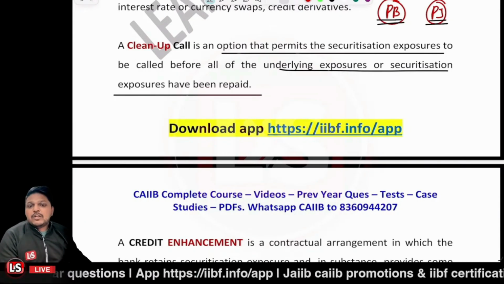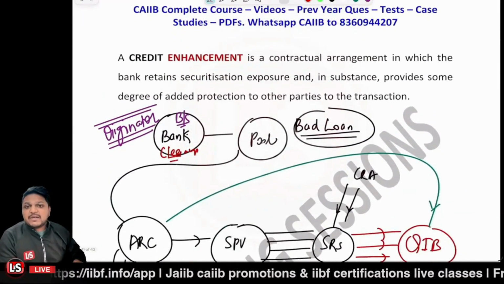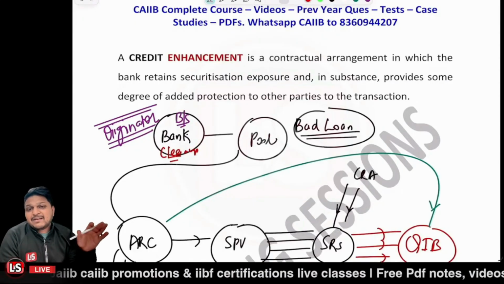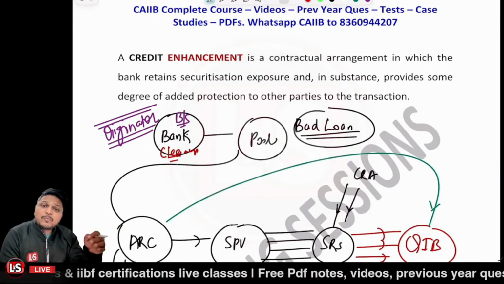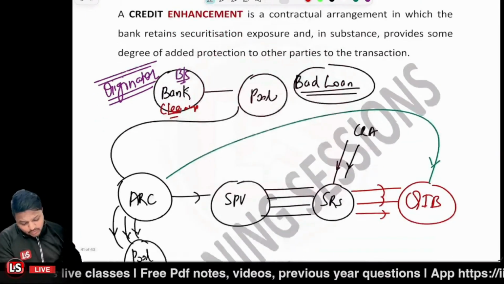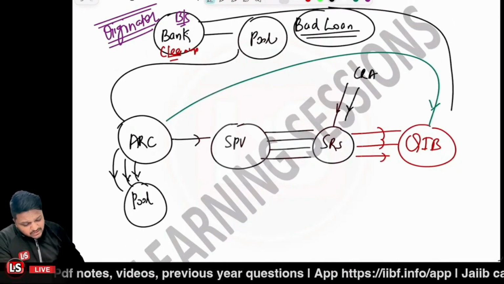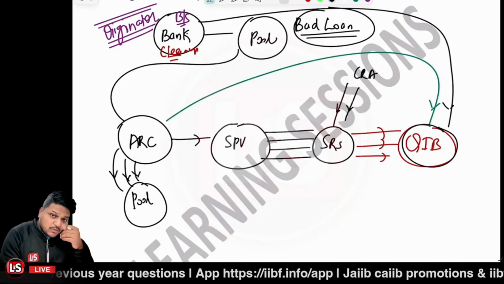And what do you mean by credit enhancement? Credit enhancement is a contractual agreement where the bank retains the securitization exposure and provides additional protection to the investors against losses. So the bank is going to give additional protection to the investors who invest in these securities or security receipts.